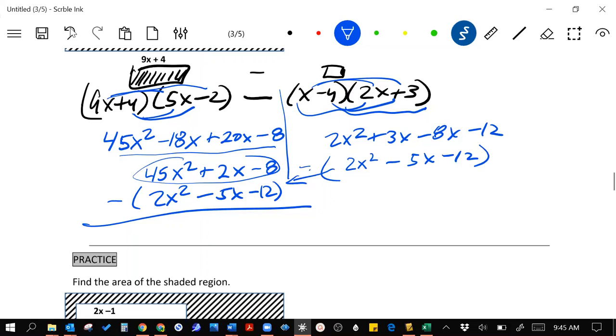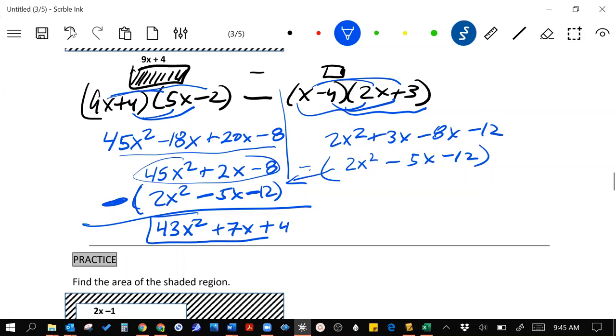Minus a negative makes it plus, minus a negative makes it plus. So 45 take away 2 is 43x squared. This negative and negative makes plus 5, so 2 and 5 is plus 7x. And this negative here, we're subtracting, and that negative becomes plus 12, so negative 8 plus 12 is plus 4.